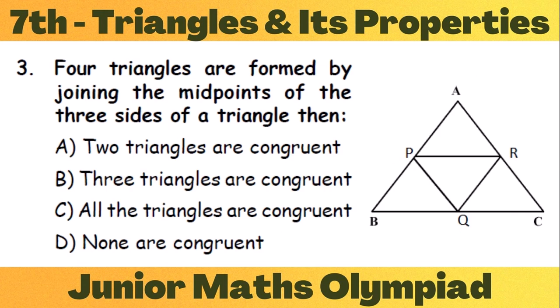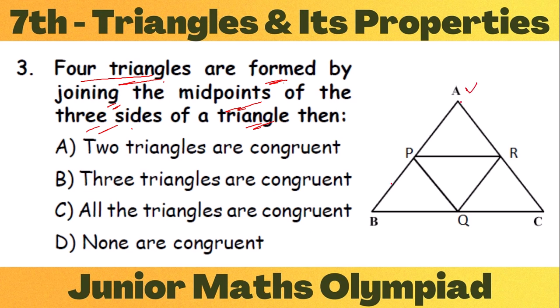Next, children, third question. 4 triangles are formed by joining the midpoints of 3 sides of a triangle. 4 triangles are formed. How? By joining the midpoints of 3 sides of a triangle. In the first question we have discussed this, no children.